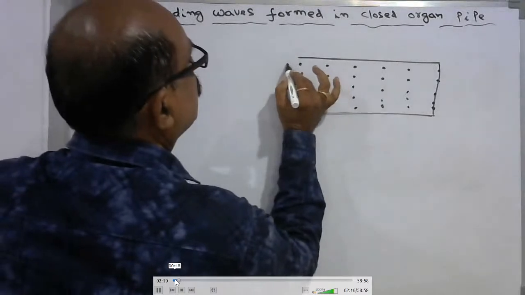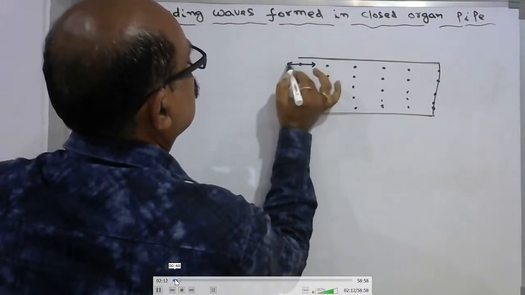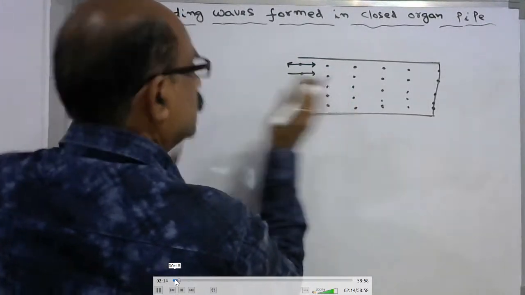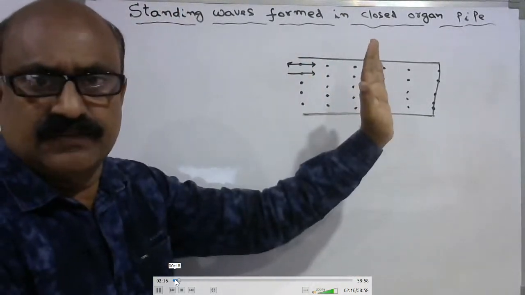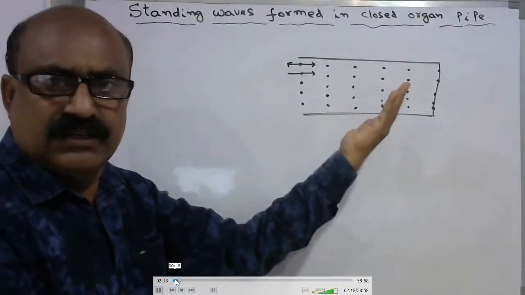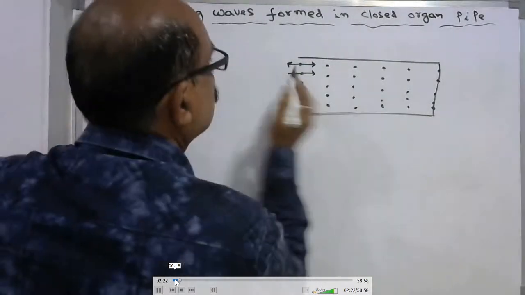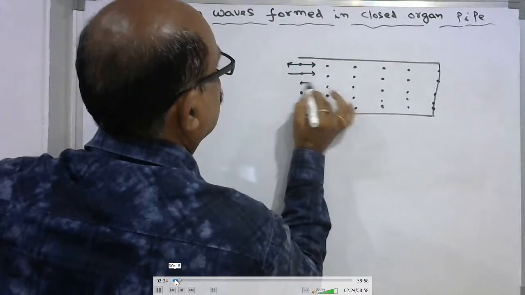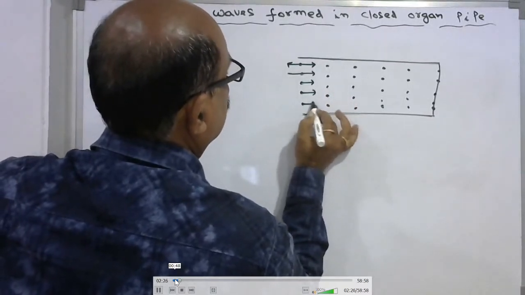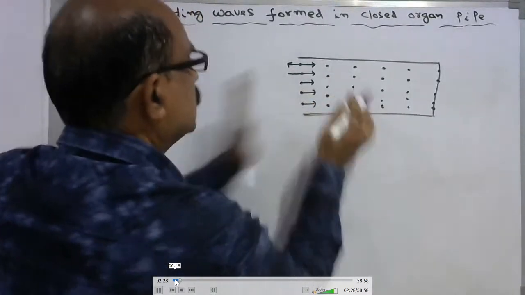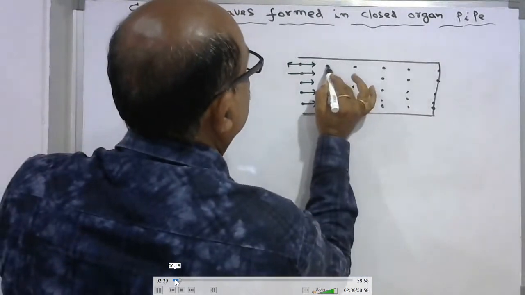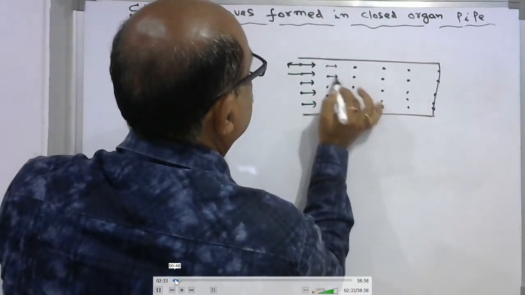The degree of freedom is more, hence this can vibrate in the forward direction and be reflected back, and moves in the reverse, backward direction. All the particles move in the forward direction, and as a result every particle will move with a less displacement.